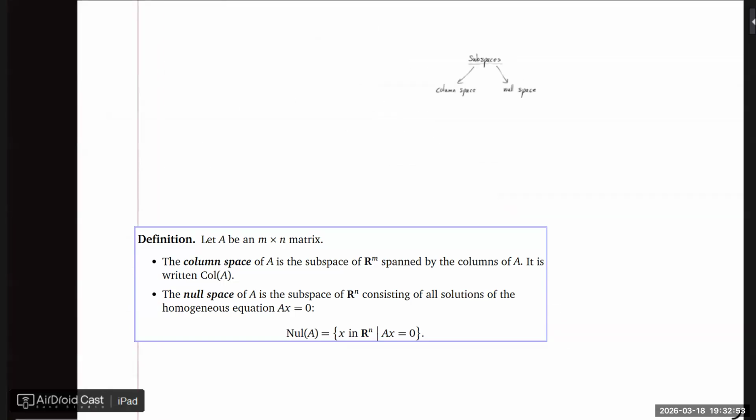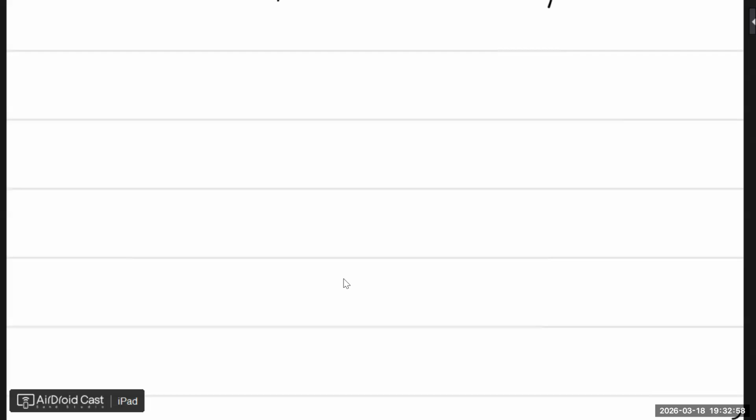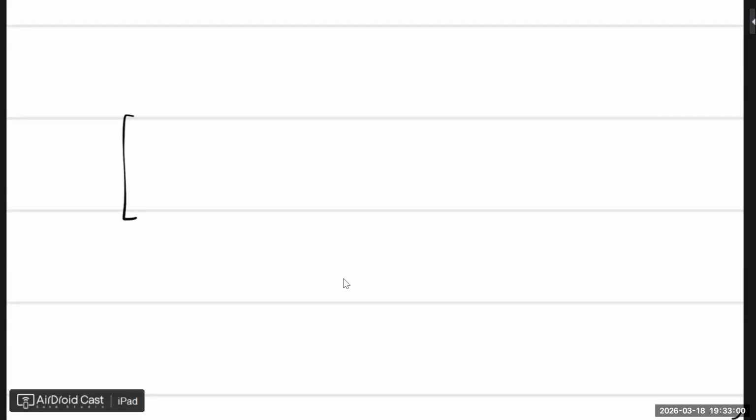All right, so let's say they give us this matrix: 1, 3, 2, 2, 0, -2, 3, 1, -2, 8, 6.